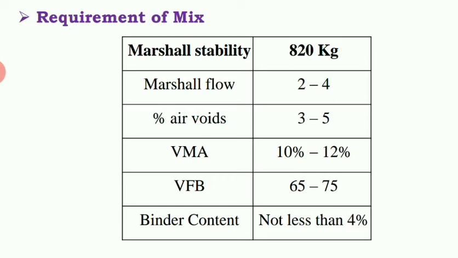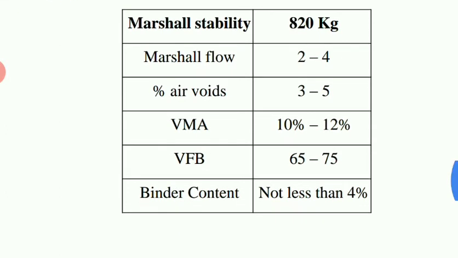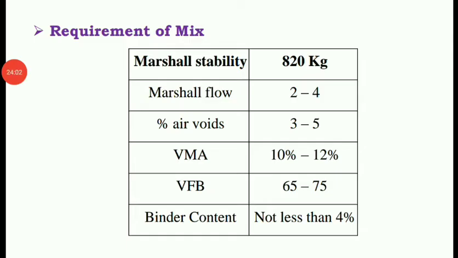And for Marshall stability it should be 820 kg, Marshall flow is 2 to 4, percentage of air voids is 3 to 5, and VMA and VFB are 10% to 12% and 65 to 75, and binder content not less than 4%. So whatever data they have given stands for the Marshall stability test.